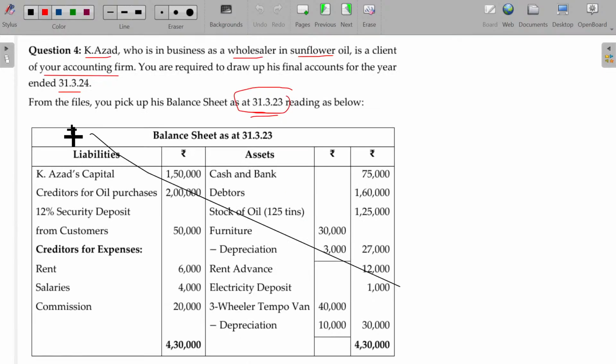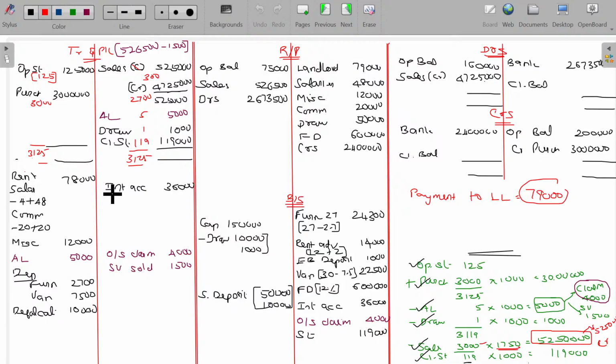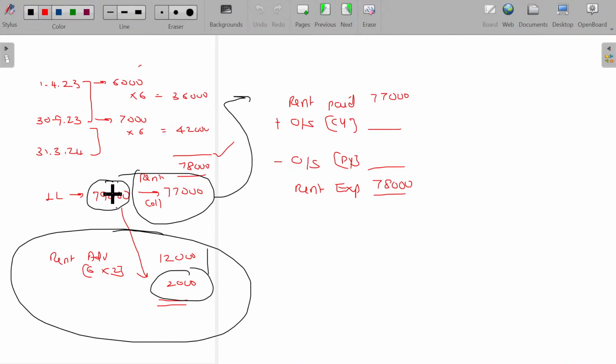Is that okay? Previous year outstanding, I'll post that value here. Now you can finish up tallying this value being 78 plus 6, 84,000. And the difference between these two, the balancing figure, is the current year outstanding. How much is that? 7,000.